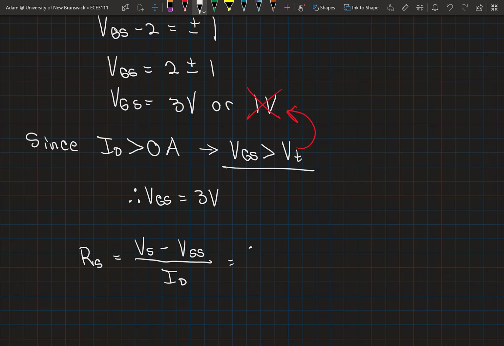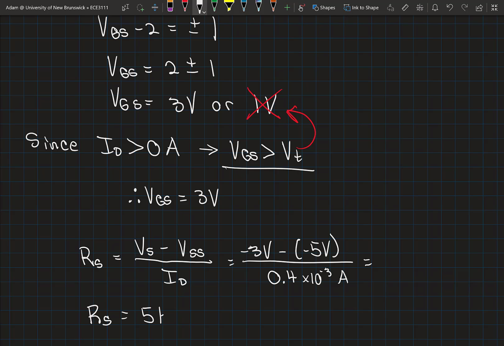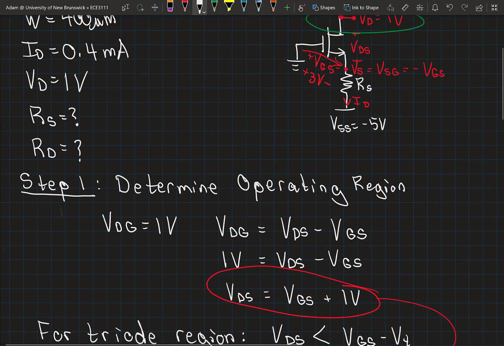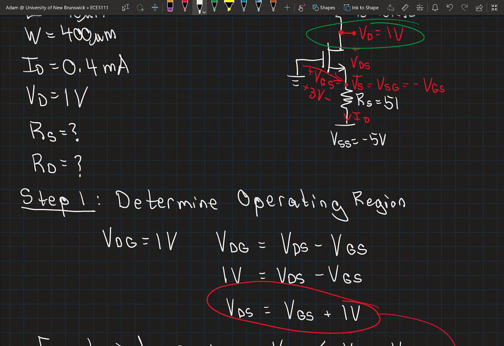So I have minus 3 volts at the source, which is the negative of the gate to source voltage, minus the minus 5 volts at the negative power supply, divided by 0.4 times 10 to the minus 3 amps, for a source resistance of 5 kilo ohms. So this resistance is 5 kilo ohms.